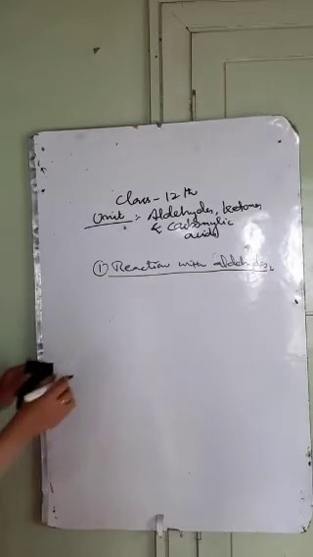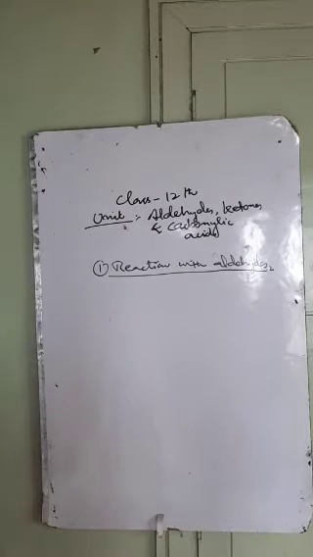Aldehydes जो होते हैं they will react with alcohols. First one molecule of the alcohol reacts and results in the formation of the hemiacetal, which then reacts with another alcohol molecule and results in the formation of the acetal.